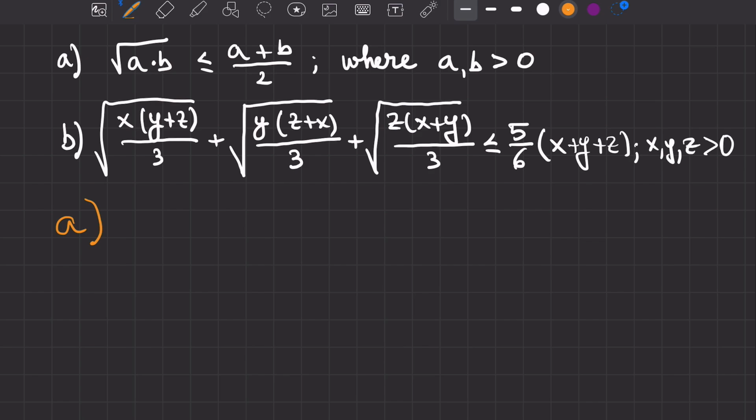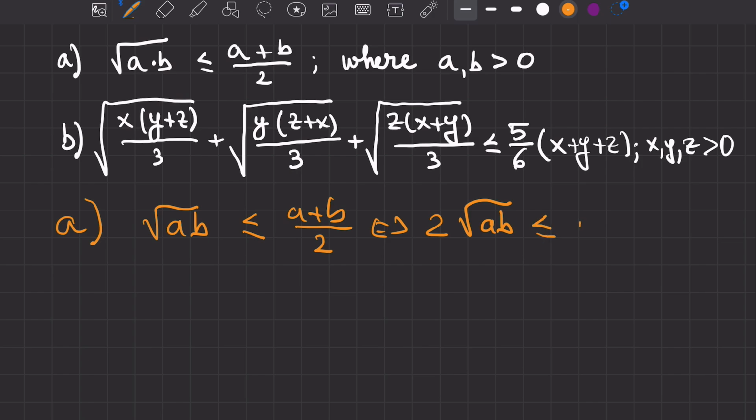We have square root of AB is less than or equal to A plus B divided by 2, which is equivalent to 2 square root of AB, which is equivalent to A minus 2 square root of AB plus B, and this needs to be greater or equal than 0.